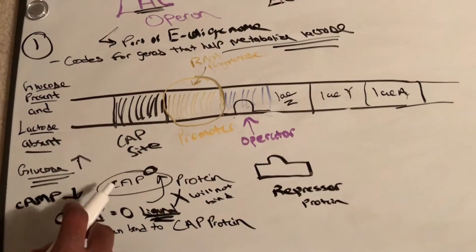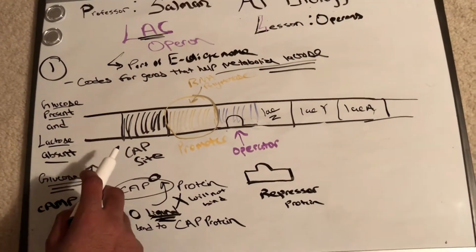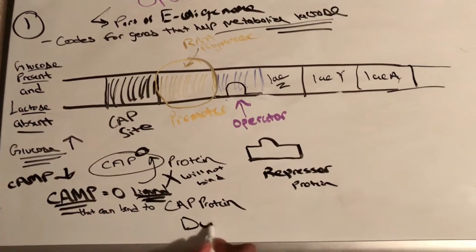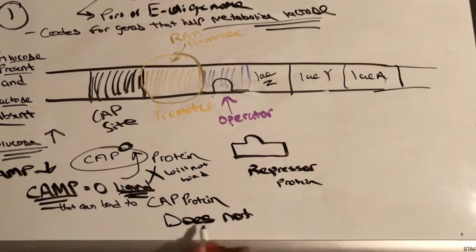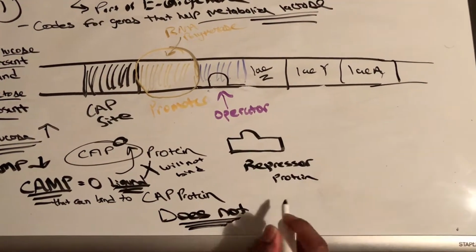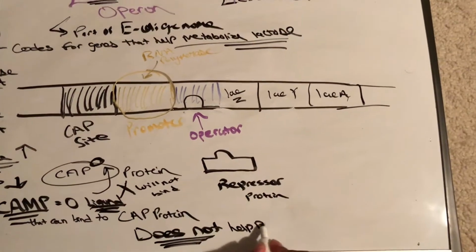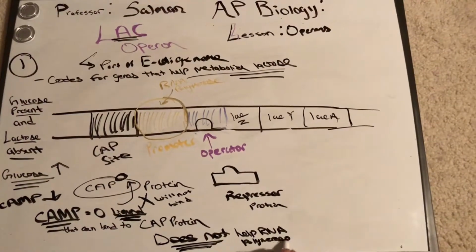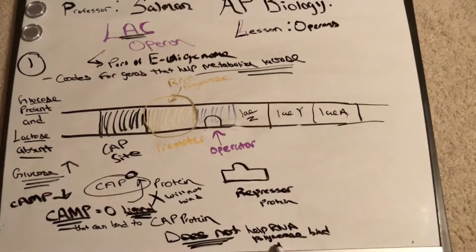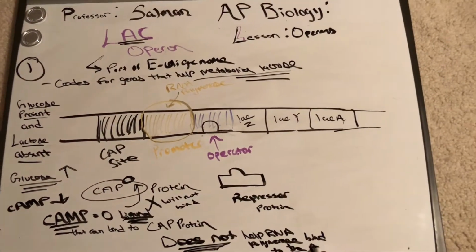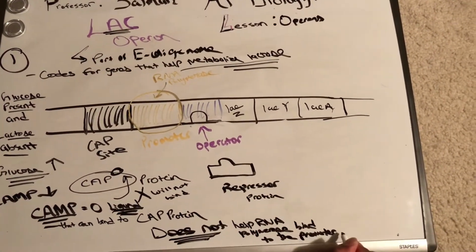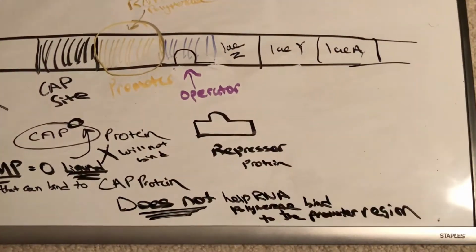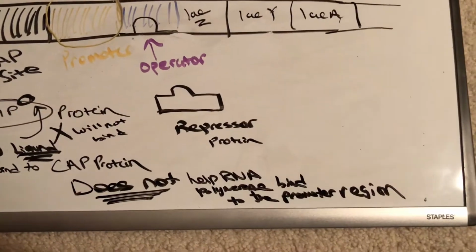It cannot bind to the CAP site, and as a result, it does not help RNA polymerase bind to the promoter region. Okay, so that's important.